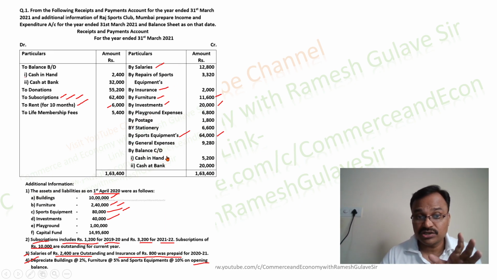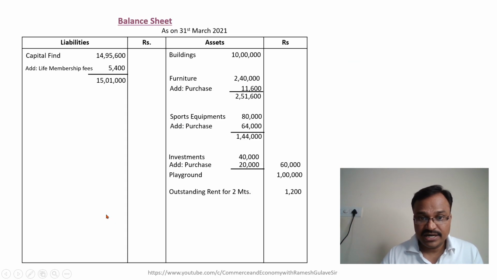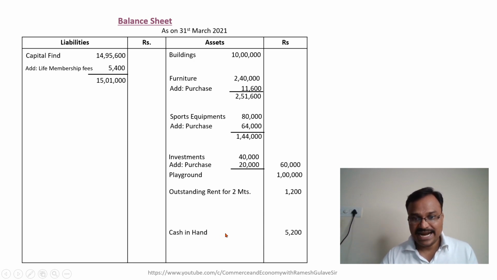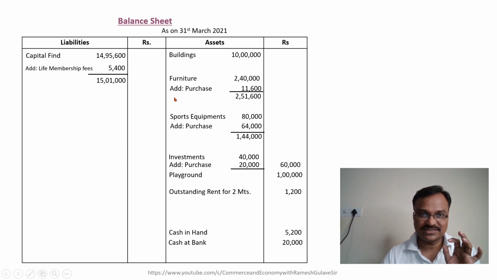Now we have to record the closing balance of cash in hand and cash at bank. As this is the closing balance of cash in hand and cash at bank, it is recorded on the asset side. So here record cash in hand and then cash at bank. Okay, so cash in hand 5,200, cash at bank 20,000, right?